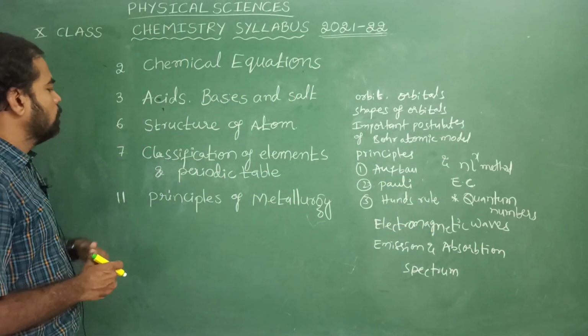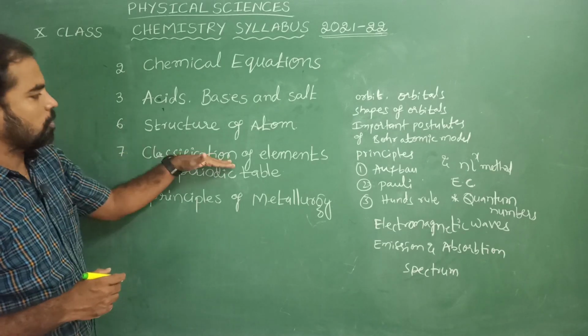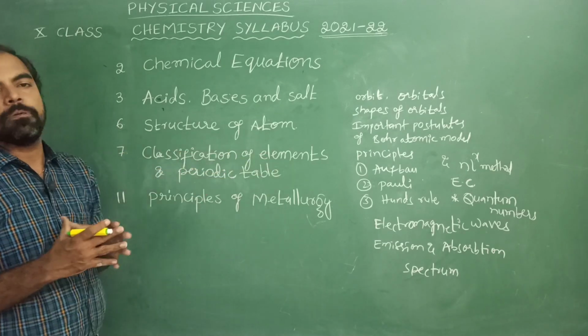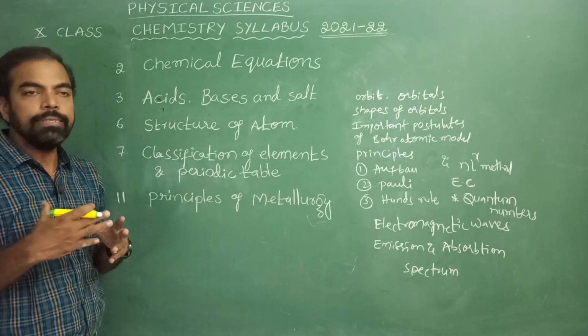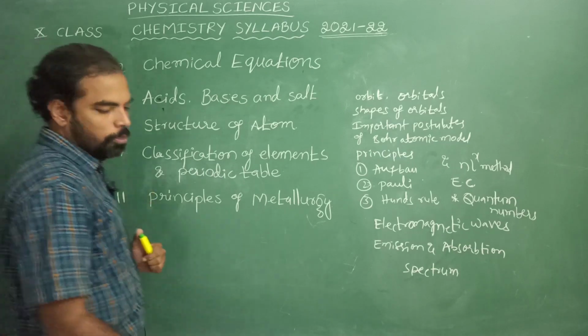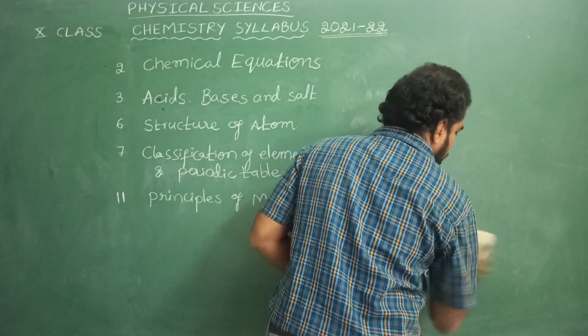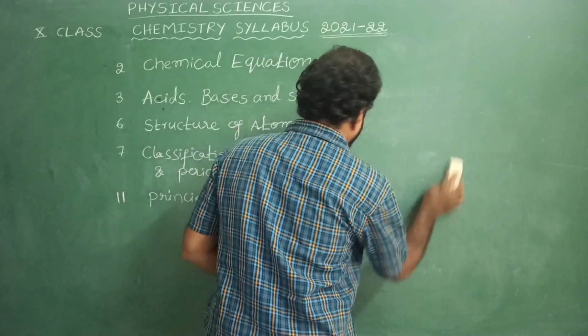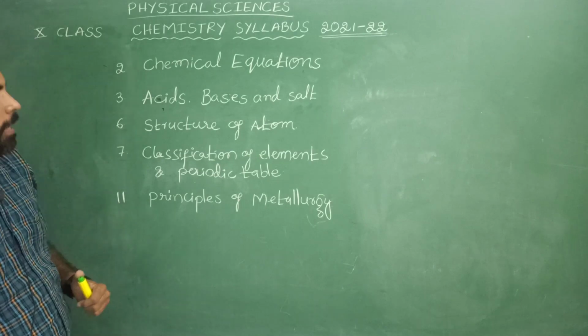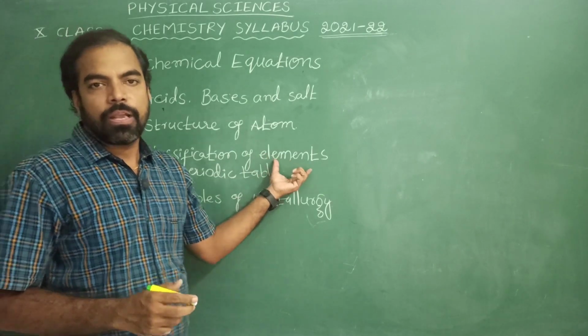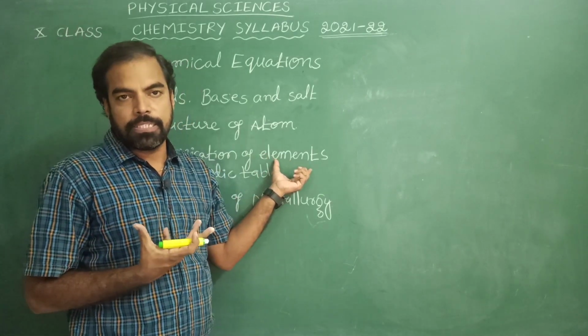Okay students, so the next lesson is classification of elements and periodic table. So in this chapter, what is an element? At present, how many elements are present?